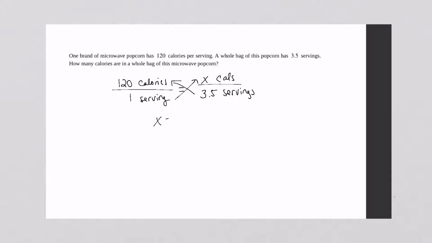So I get that x is equal to 120 times 3.5. So 120 times 3.5 is 420. So what does 420 stand for? In this situation, it stands for calories. That's what we're looking for. 420 calories.